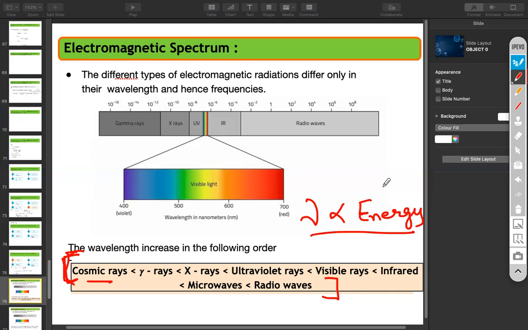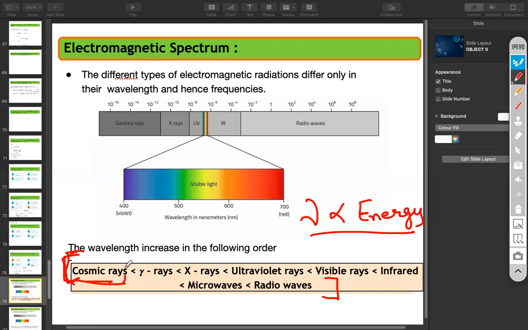Guys, just use this formula and tell me. Ritvik, correct answer. Done? Okay.